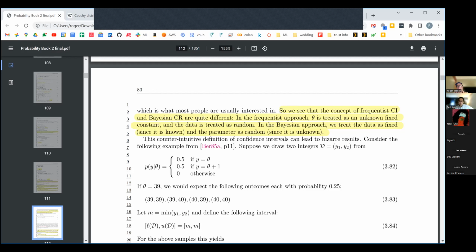But it seemed like one of the big complaints in the scientific community is this idea that you have to come up with a prior before you analyze the data, and that prior affects your result. That seems to be a big complaint. And if you looked at the history of it, that was one of the things that was driving people away from it. Yeah, I think it's a fair criticism, or a fair concern.